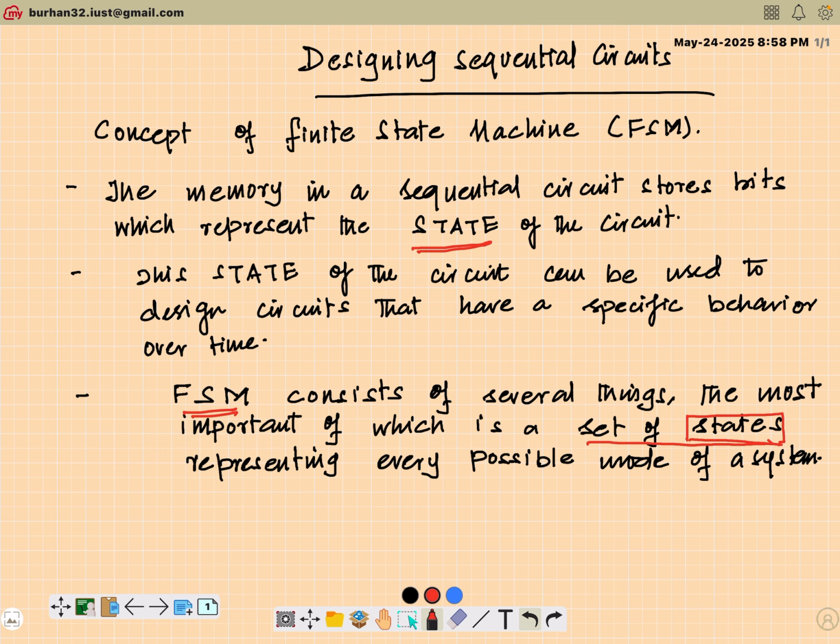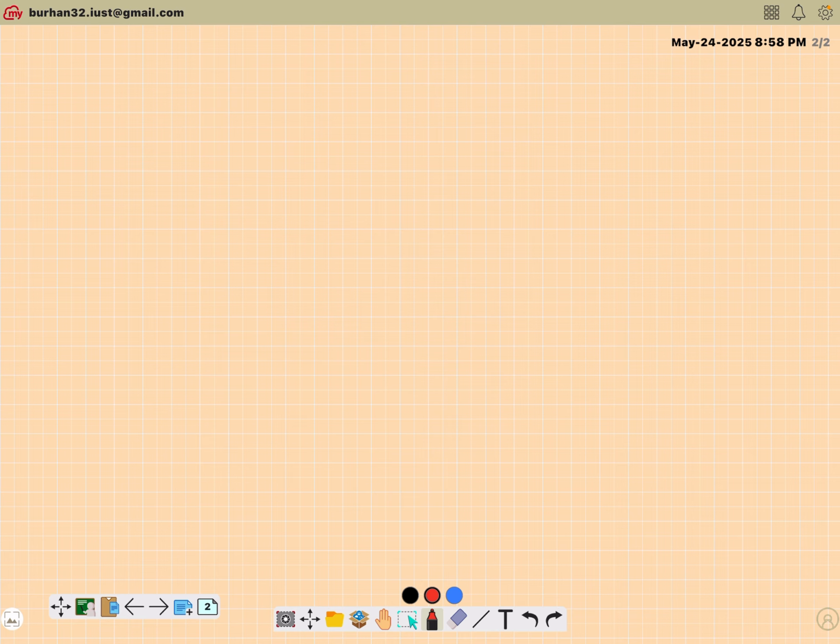Right? So if I take a simple example here, let me define a system, just to put forward this concept of finite state machine.